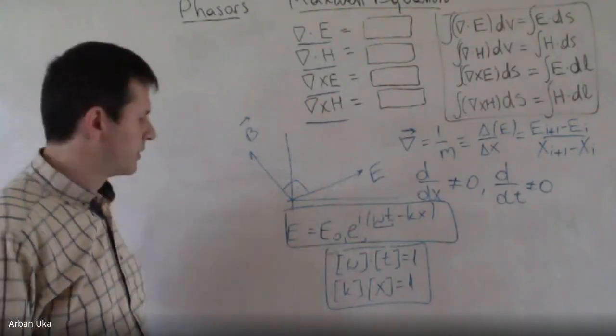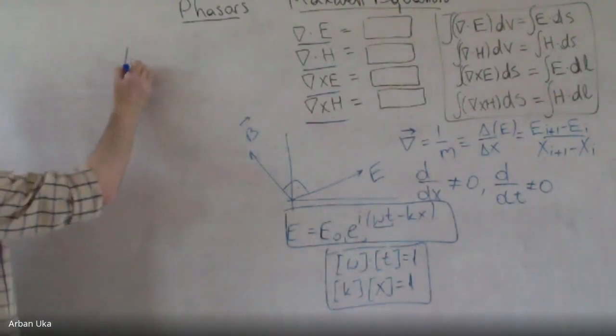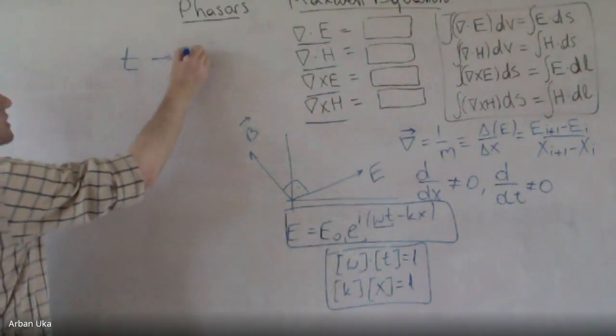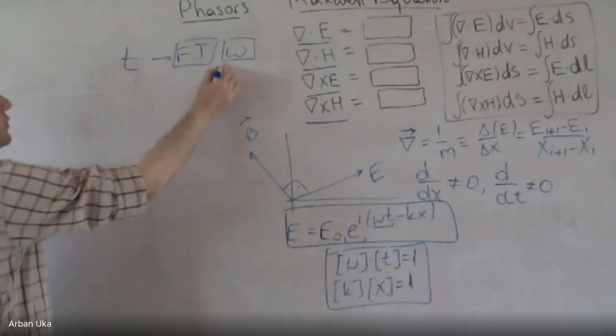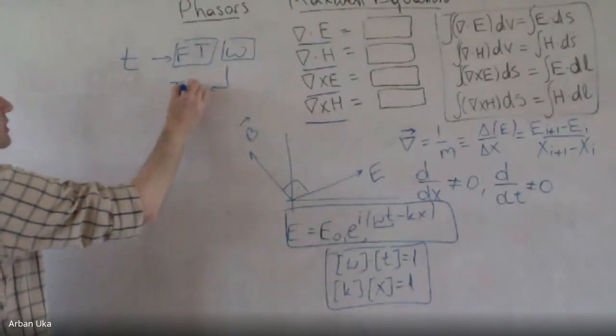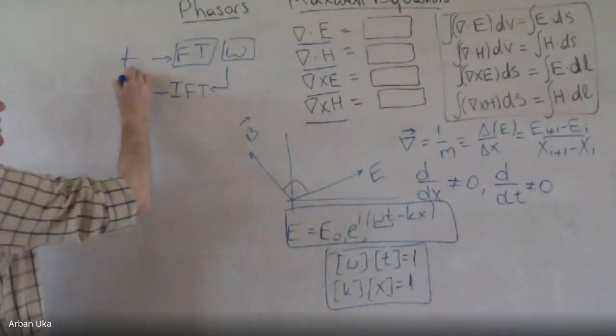Normally, I said that the wrong way because we use Fourier transform to go from time to omega, and we come backwards with inverse Fourier transform to time.